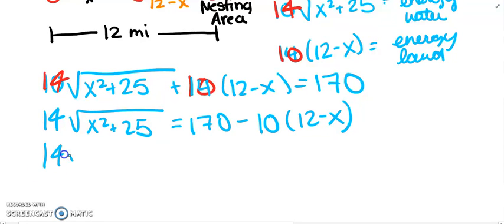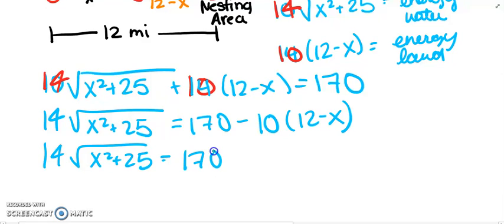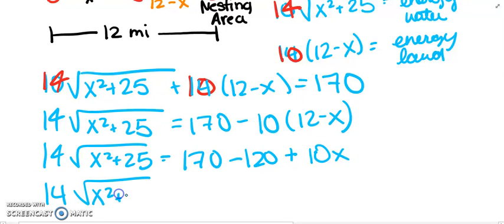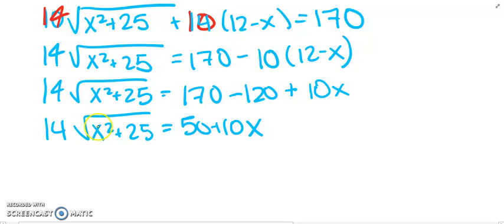So I'm going to distribute. Negative times a negative is a plus. Okay, now I have this isolated.